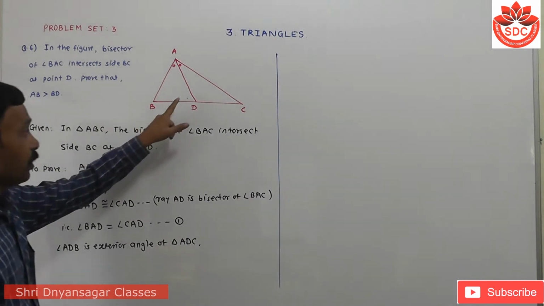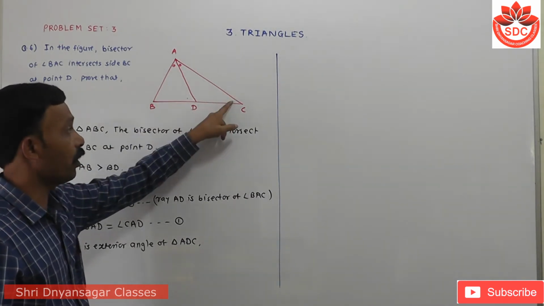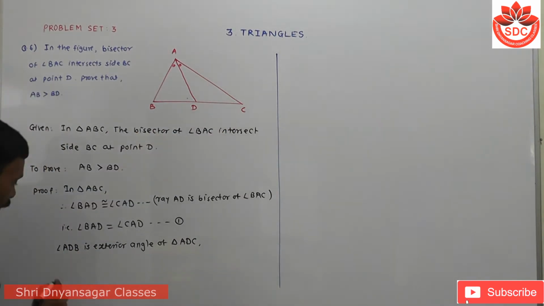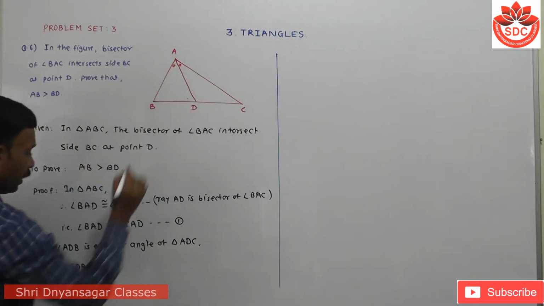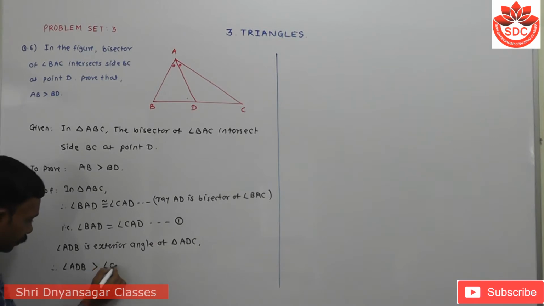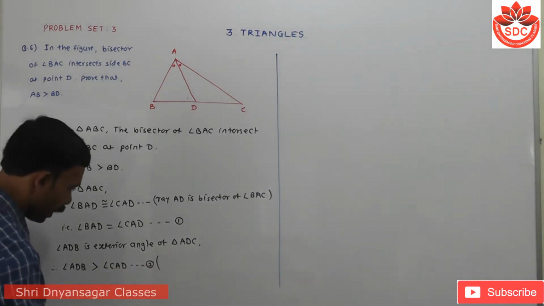Means that this angle is greater than any one of these two angles. So I have to write here: therefore, angle ADB is greater than angle CAD. Equation second, because here I have to write the reason.